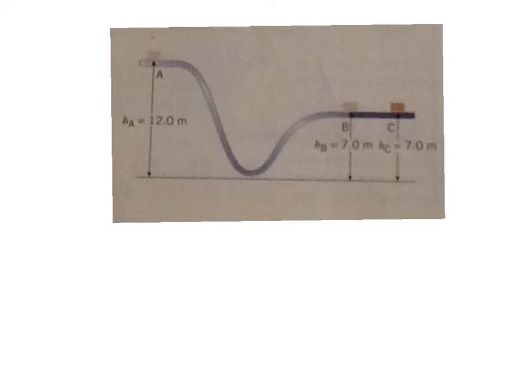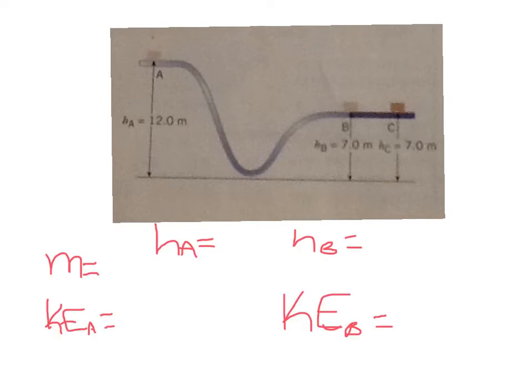Next, we need to write down what was given in the problem so that we can start solving the problem. So the problem told us that the mass of the block is 0.41 kilograms, and it also gave us the kinetic energy of when the block is at point A, which is 37 joules.